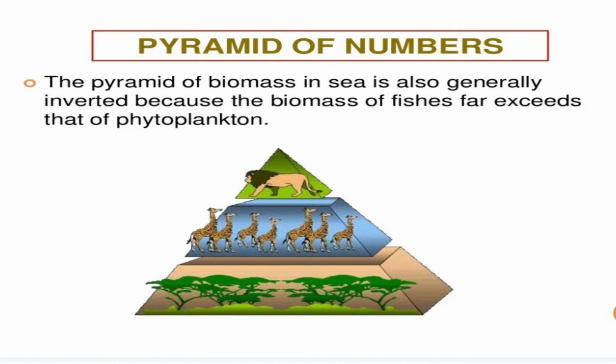As a result, the pyramid of numbers becomes tapering at the base due to the small number of plants, and most extensive at trophic level 2 due to the large number of herbivorous animals. But thereafter the pyramid assumes its normal shape, narrow upward.